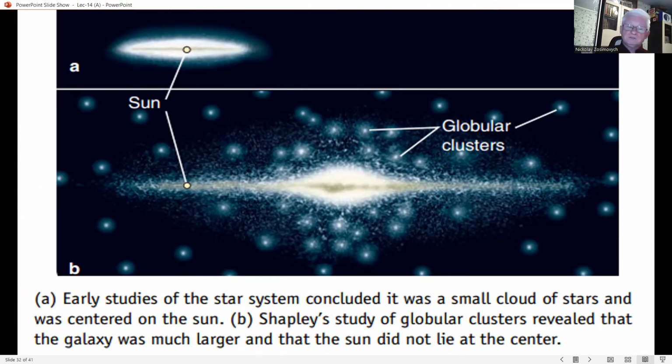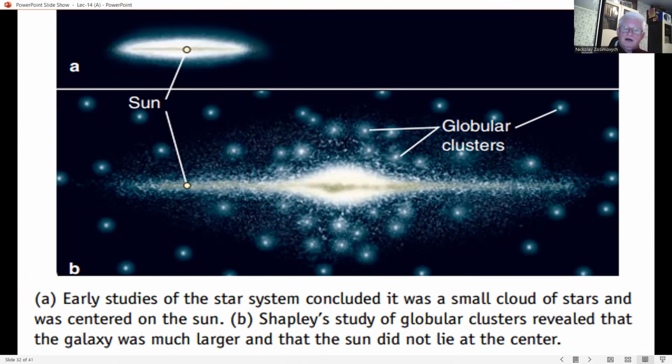Building on Shapley's work, other astronomers began to suspect that some of the faint patches of light visible through telescopes were other galaxies like our own. Shapley and astronomer Herbert Curtis met in 1920 in a famous debate known as the Shapley-Curtis debate. Curtis claimed the faint objects were other galaxies, and Shapley argued they were not other galaxies, but were spheres of gas and stars in our star system.